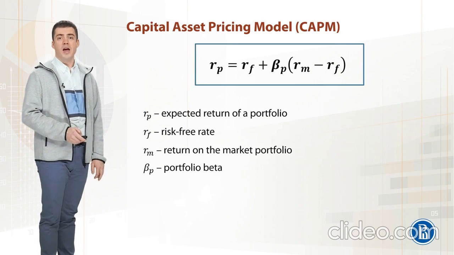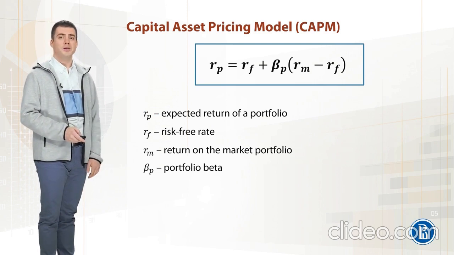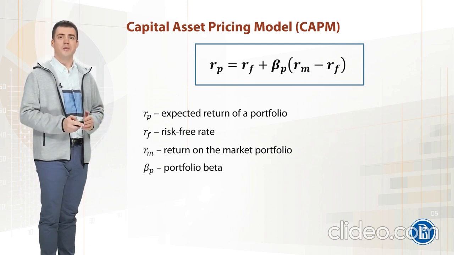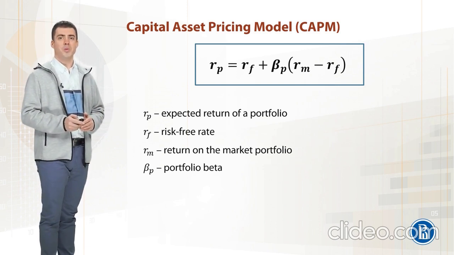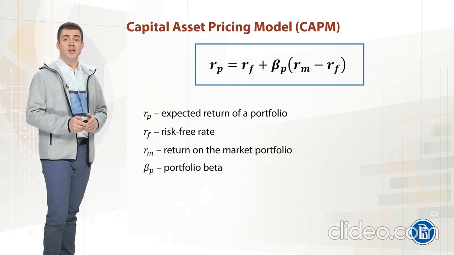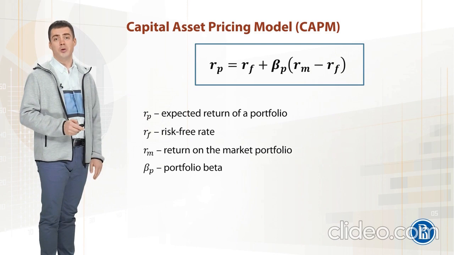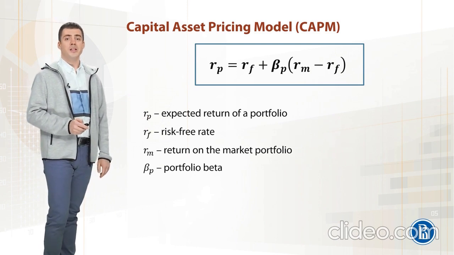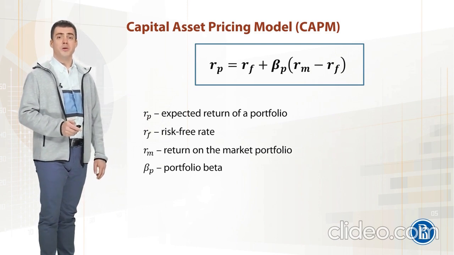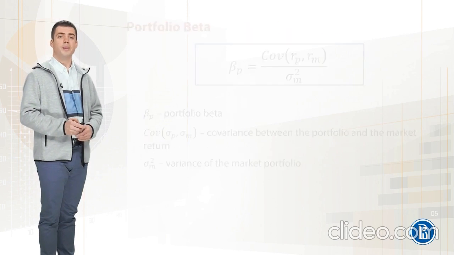As we know that the risk-free rate and the return on the market portfolio are equal for all investors who operate in this market, the capital asset pricing model is a linear one-factor model, where beta is the only unknown which determines the expected return of each given security or portfolio. Let's take a look at the beta ratio in more detail.